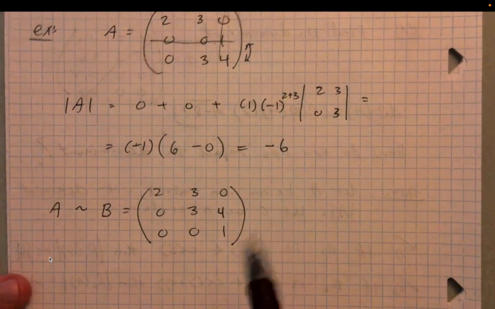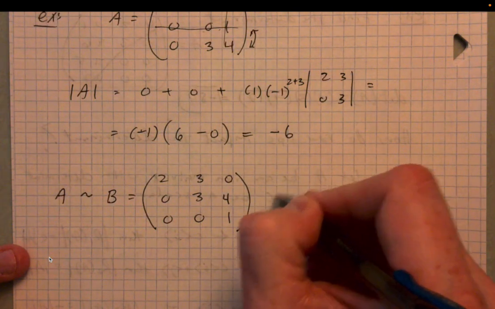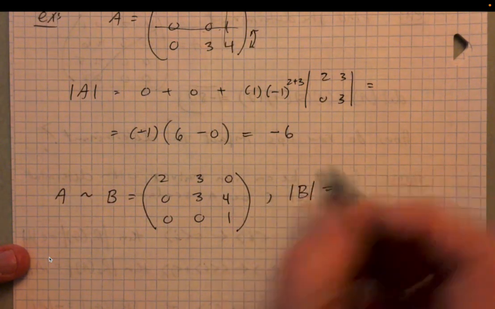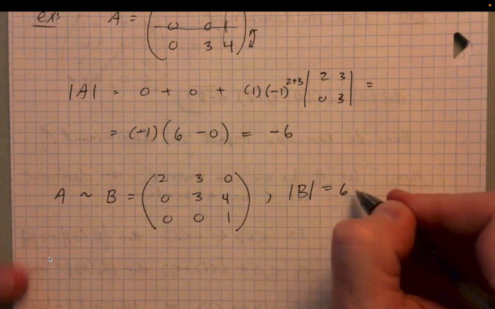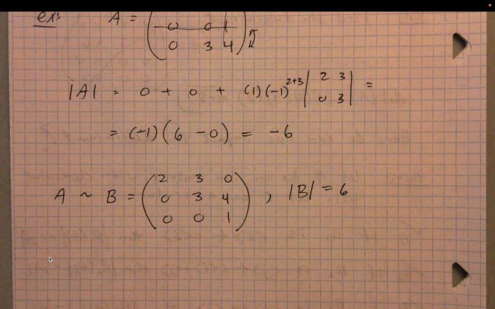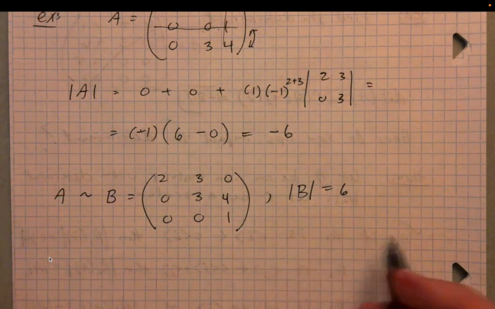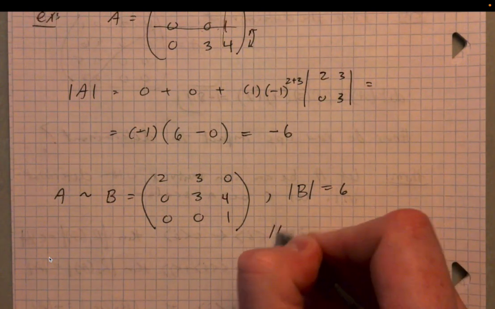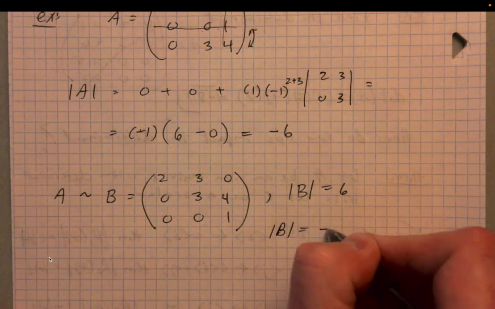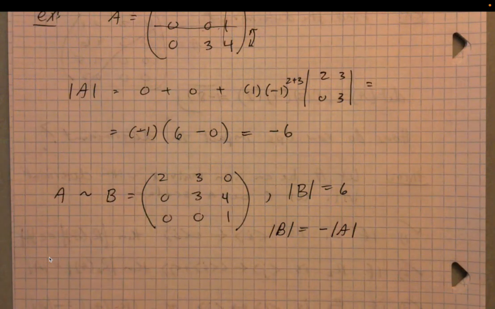So what is the determinant of B? It's 2 times 3 times 1, so it's 6. The previous theorem indicates that when you swap a row, the sign of the determinant flips, and that's exactly what you see here. The determinant of B is equal to negative the determinant of A. So the row operation had the expected impact.